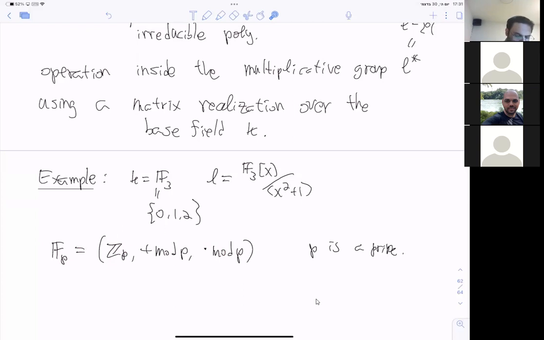For example, this field contains elements of the form a plus xb such that x squared is -1. It is just like writing i, the same thing.